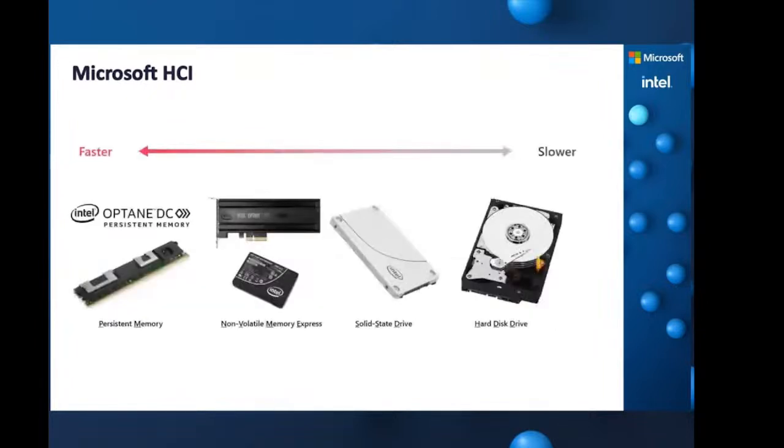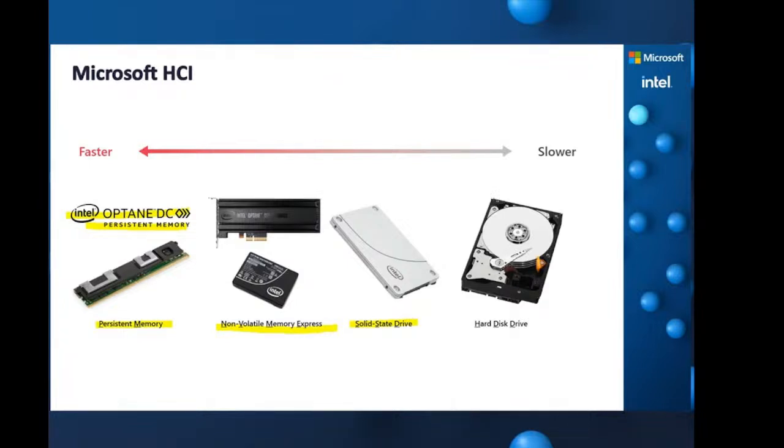But also in flash storage, we have huge differences between traditional SSDs, non-volatile memory express, or persistent memory based on Intel Optane persistent memory technology. So the interesting thing is you can mix these different technologies to find your optimized performance and price point.